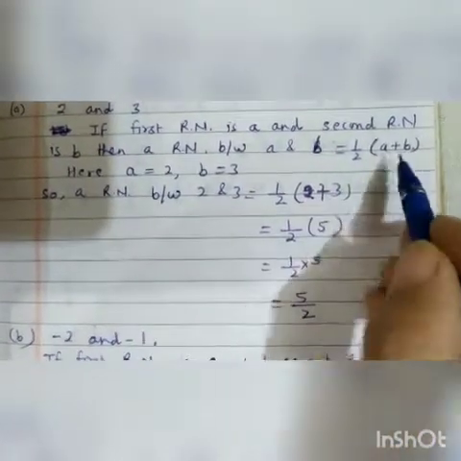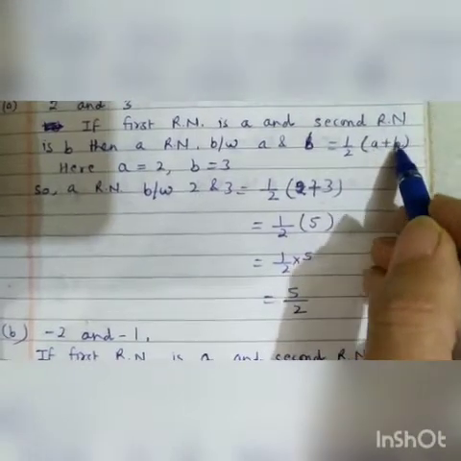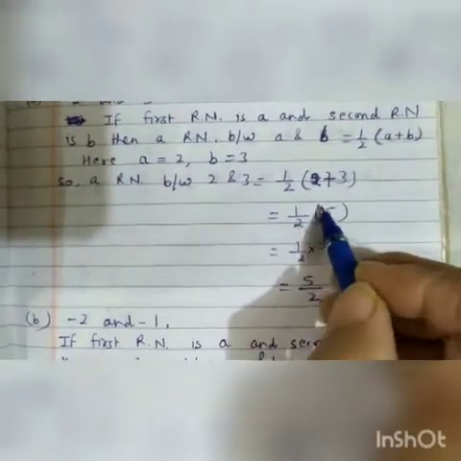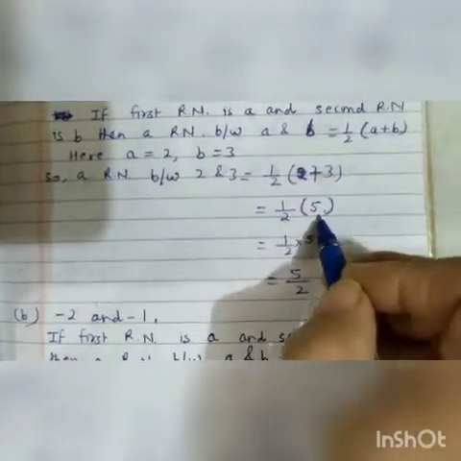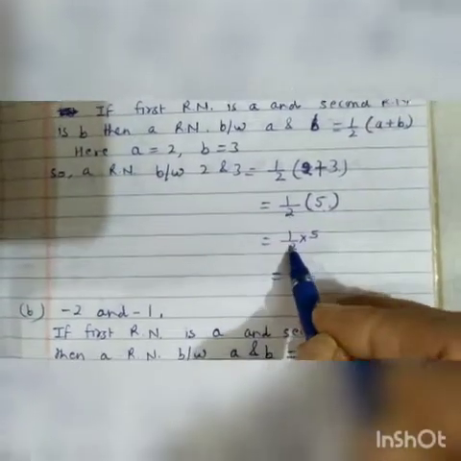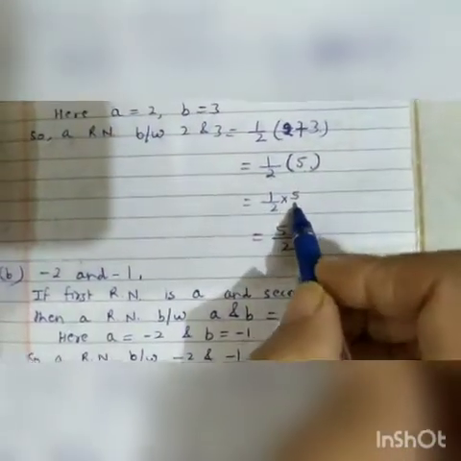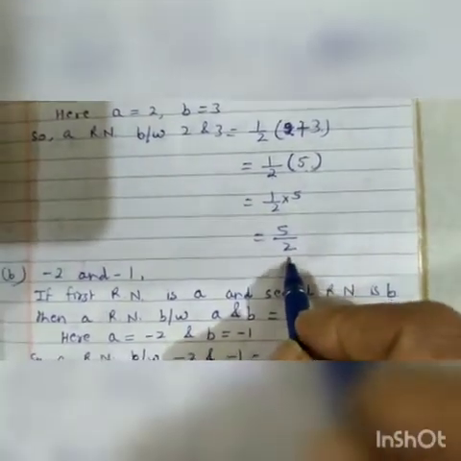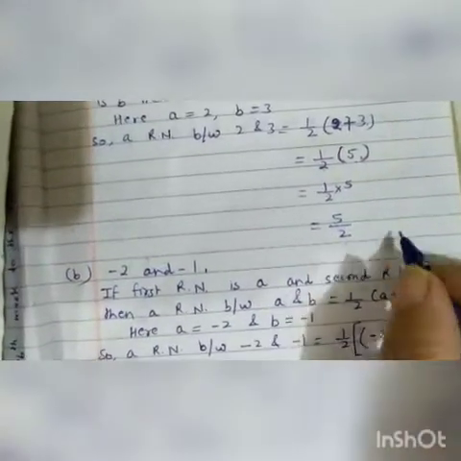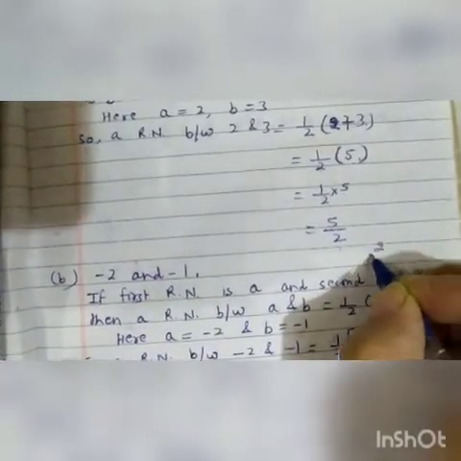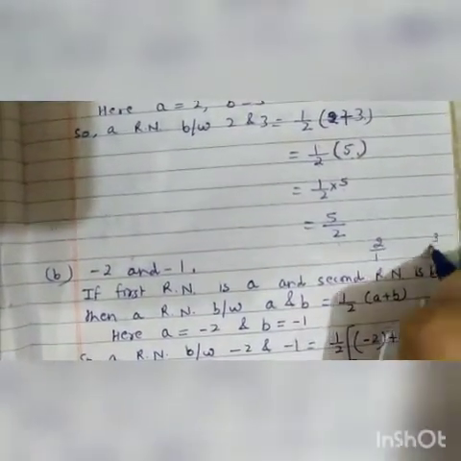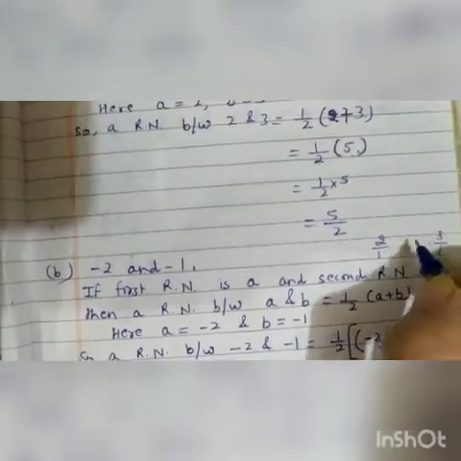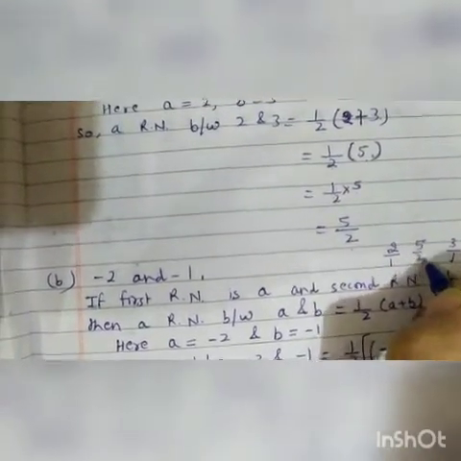So 2 plus 3. 1 upon 2 within bracket 2 plus 3, 5. Then 1 upon 2 will be multiplied by 5, 5 ones are 5 upon 2. It means a rational number between 2 and 3, this rational number 2 means 2 upon 1, and this is 3 upon 1. Between these two rational numbers, one rational number is 5 upon 2.